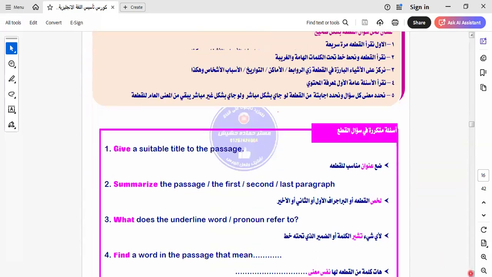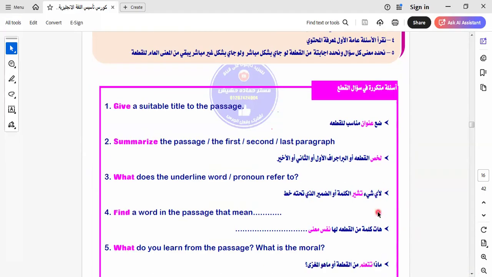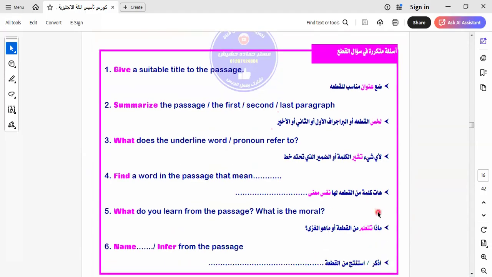Here we talk about comprehension. Another kind of skill that we learn in English is understanding comprehension, because comprehension is an important question in your exam. Some of you say it's easy, Miss Iman. Yes, it's easy, but we have beyond meaning.